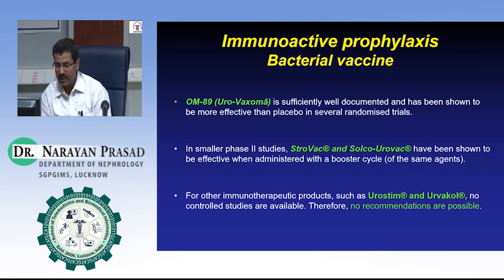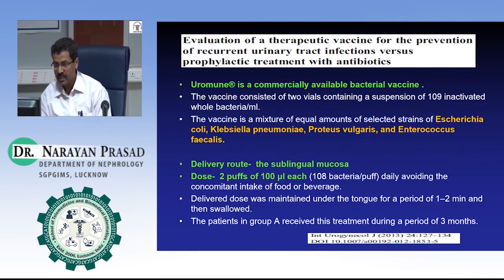The dose is given in the form of a puff, 2 puffs of 100 microliters each, daily, avoiding concomitant intake of food and beverage, and the delivered dose was maintained under the tongue for a period of 1 to 2 minutes and then swallowed. The patients in group A of this study received the treatment for a period of 3 months. And here we can notice that those who received this Uroimmune bacterial vaccine had fewer urinary tract infections as compared to those who were on the standard therapy.